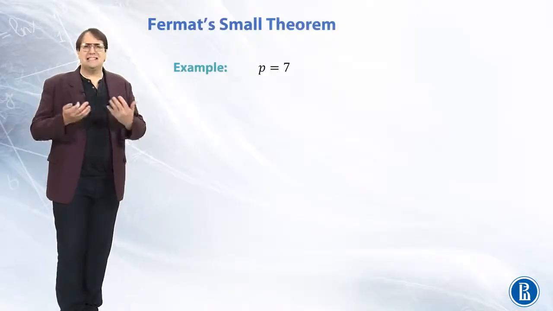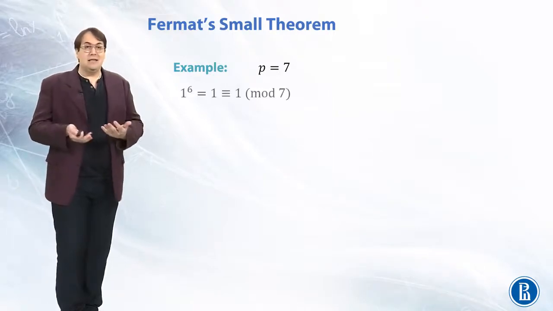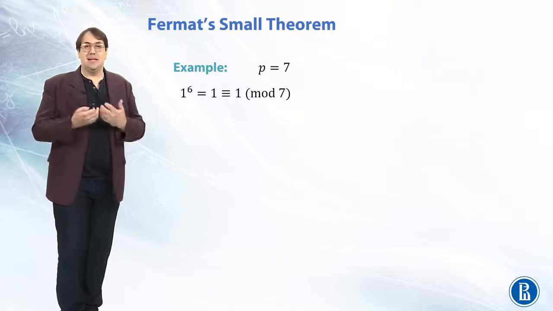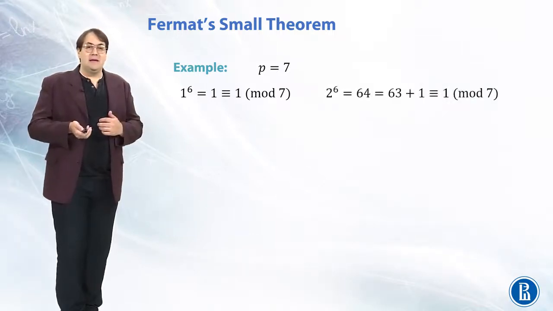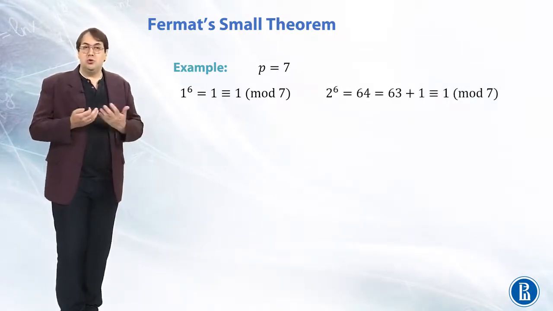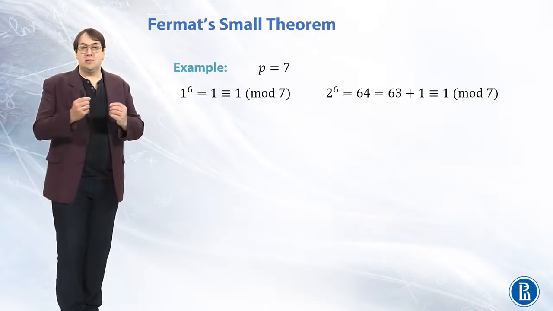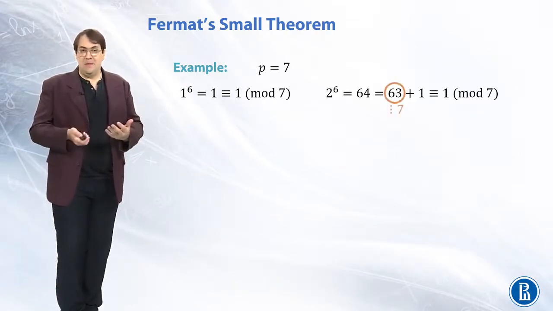Let's consider an example. For instance, if p is equal to 7, then take a equal to 1, raise it to the power 6, gain 1, and obviously this number is congruent to 1 modulo 7. Another integer, 2 to the power 6, is equal to 64, which is precisely 63 plus 1, and 63 is obviously divisible by 7.